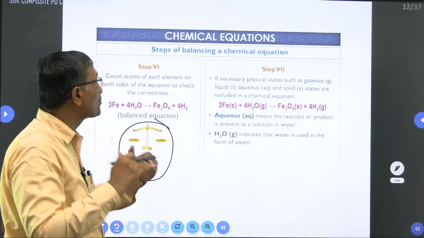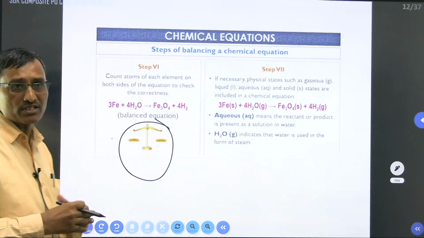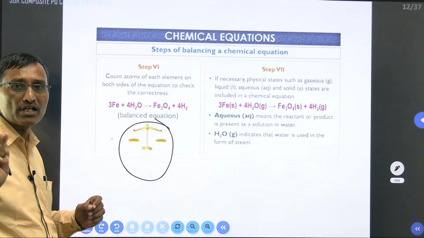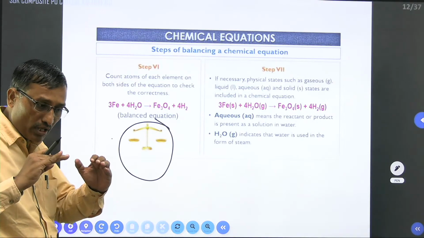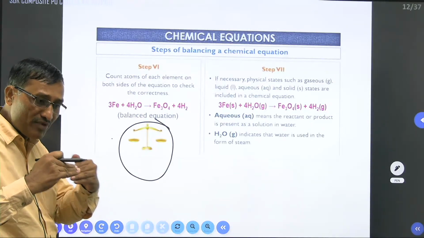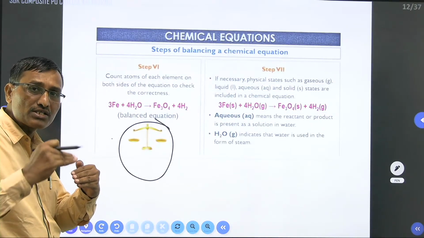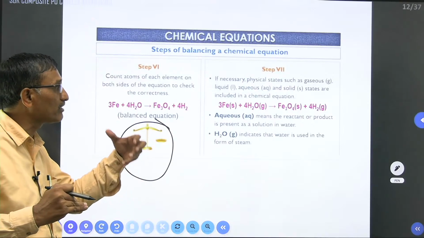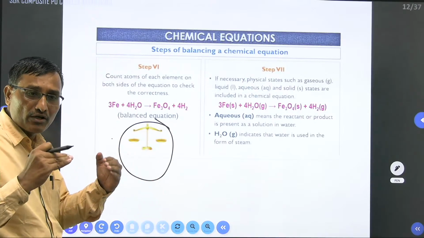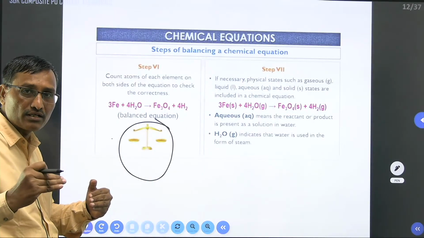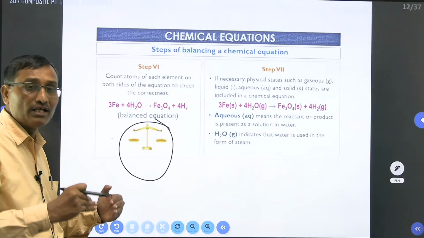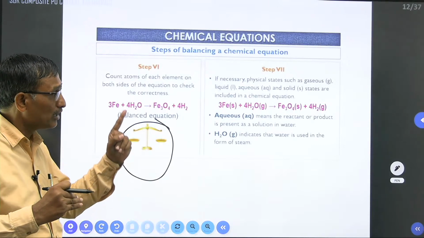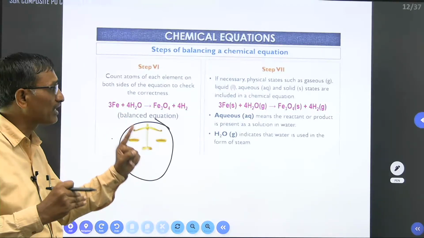Now, to make it more informative, that is also very important, not only writing the balanced chemical equation. Afterwards, we have to see the physical state of the chemical substances involved in that reaction, whether they are in a solid state, gaseous state, liquid state, aqueous form, or there is an evolution or liberation of a gas.